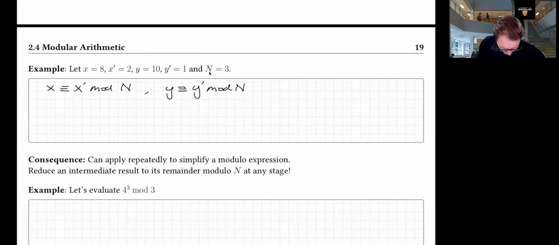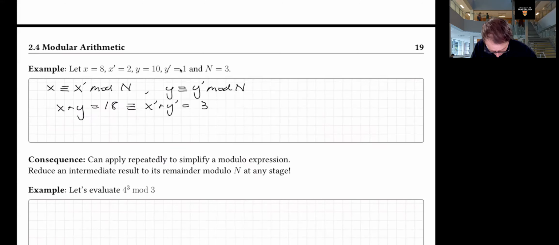And we also have that x plus y, which is 8 plus 10, that's 18, is equivalent to x prime plus y prime, which equals 3, modulo 3. Right, they're each divisible by 3, and so they have a remainder of 0 when I divide by 3.